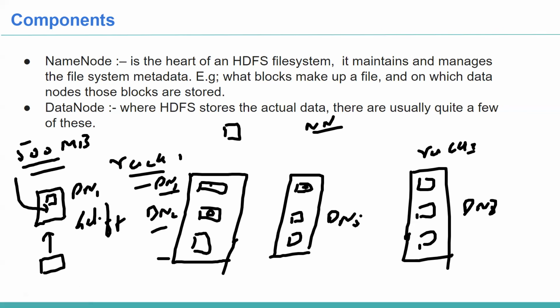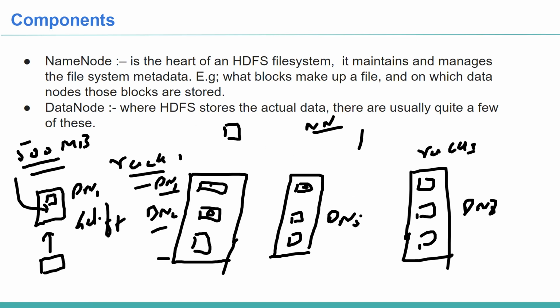Then our MapReduce job will be able to read and process the data in parallel, and we complete the job in a lesser amount of time.